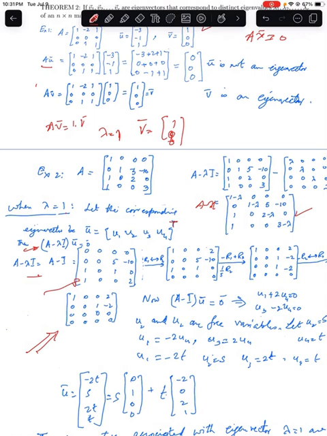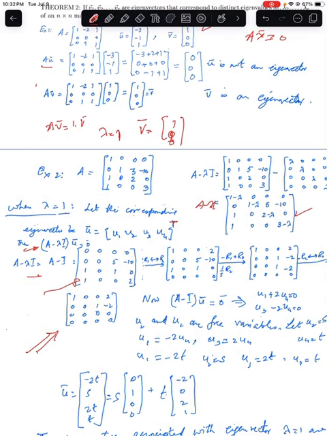Now I try to see what my free variables are here. If you note, there is no pivot in the second column and there is no pivot in the fourth column. Which means that x2 and x4 are free variables. Since I took the u vector, u2 and u4 are free variables.